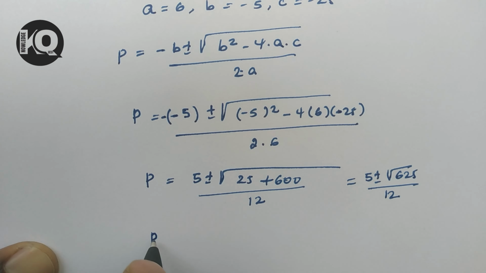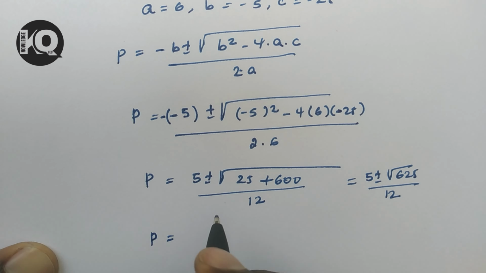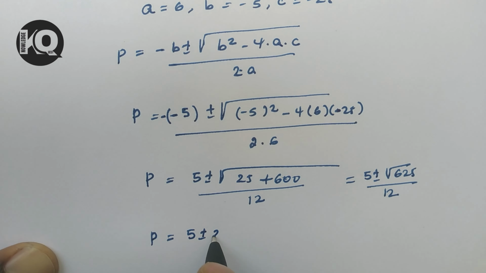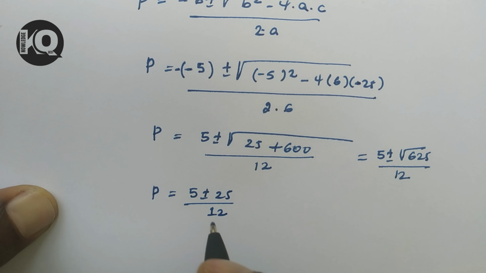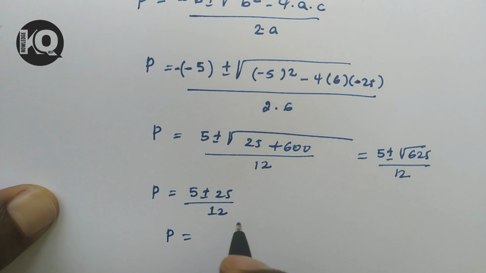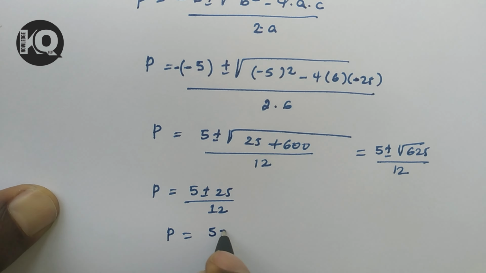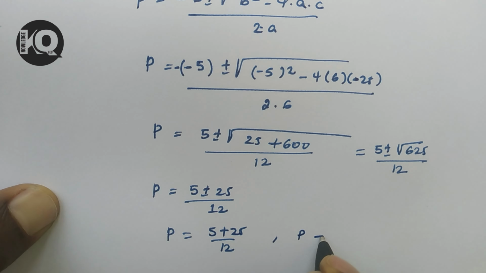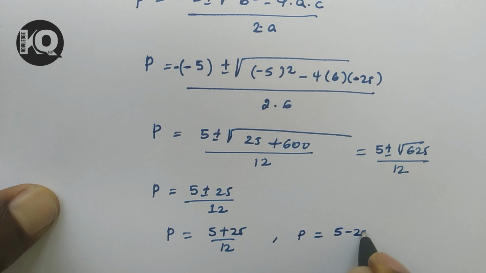So finally we have p equal to 5 plus or minus root 625, which is 25, over 12. So finally we will have p equal to 5 plus 25 over 12, or p equal to 5 minus 25 divided by 12.